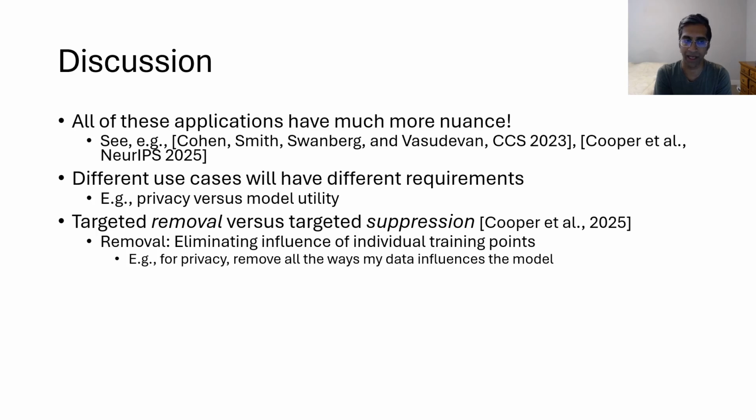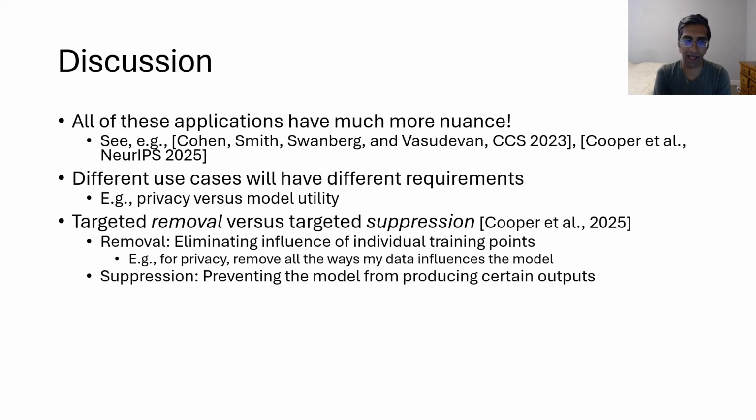For example, in a privacy context, this could mean that we remove all the ways that my data influences the model. Whereas suppression prevents the model from producing certain outputs. For example, that napalm example I gave is a pretty good one. You just don't want the model to say how to make napalm, even if it may or may not have some understanding of how to make napalm internally.